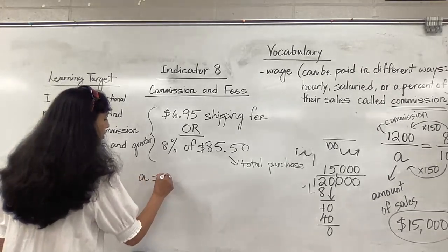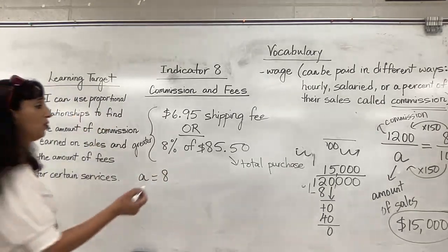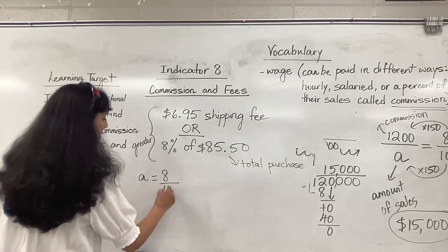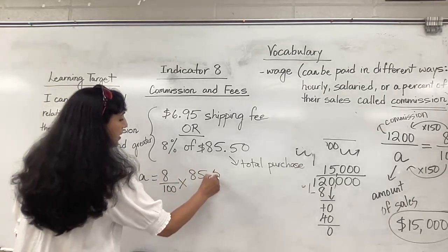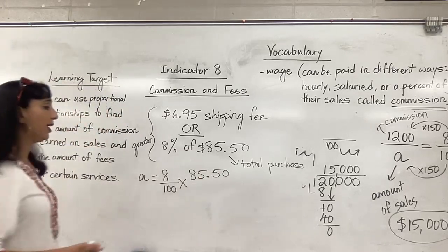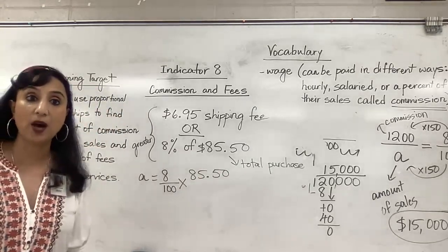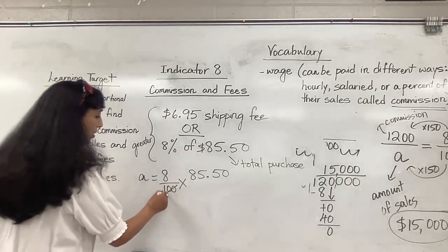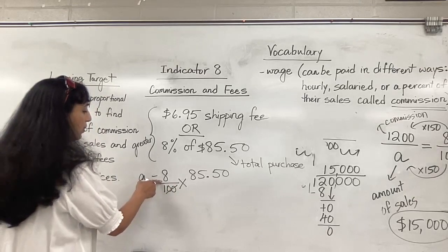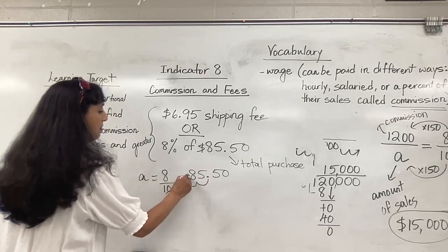So A is equal to 8% of 85.50. I know that I can simplify from the numerator to the denominator, so I am going to divide by 100. I can either move the decimal on the percent part, or I can move it here. It comes to the same thing.